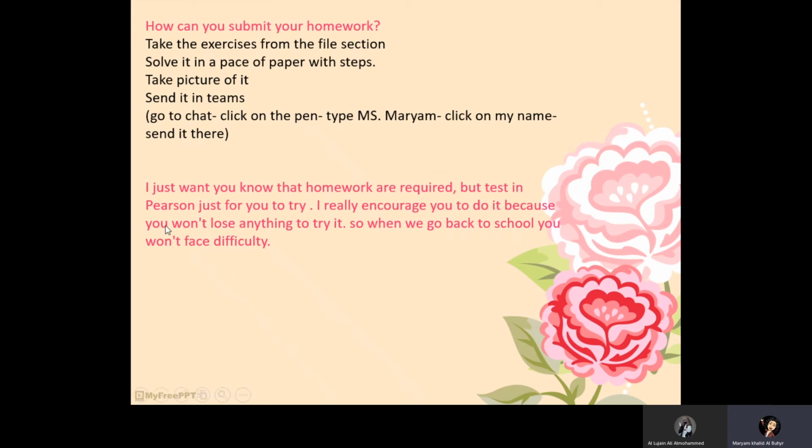But for the test in Pearson, you don't need to panic because it's just for you to try. I really encourage you to do it because you won't lose anything by trying it. So once you go back to the school, you won't face difficulty. That's my goal from the Pearson Realize test. So just try it. I am not taking the grade.